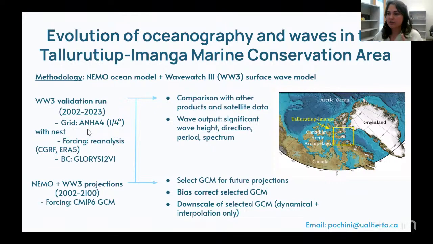First, the WaveWatch 3 validation runs, which are run for the present day, 2002 to 2003, using that same ANA domain that I showed you before with reanalysis data, so we can compare with satellite data and other observational products to validate and tune the model. Then we do future projections with WaveWatch 3, running from 2002 to 2100, forcing with CMIP6 GCM output.